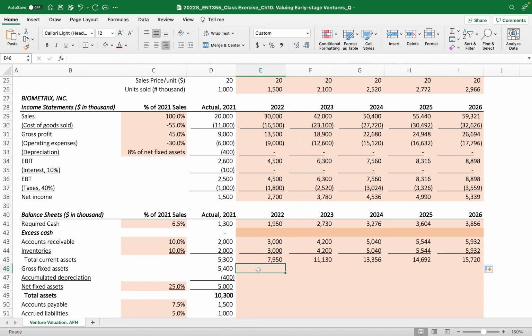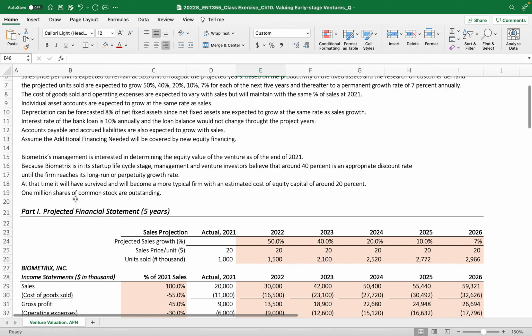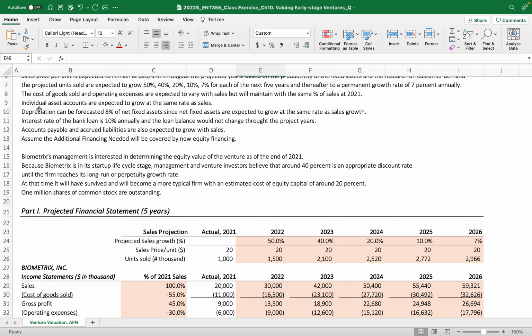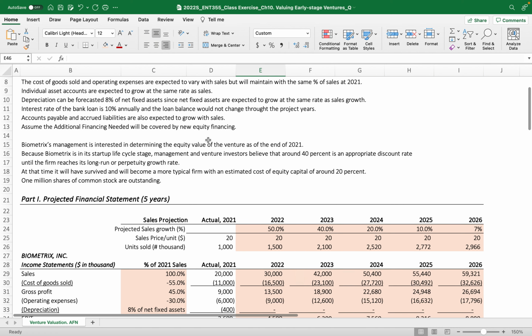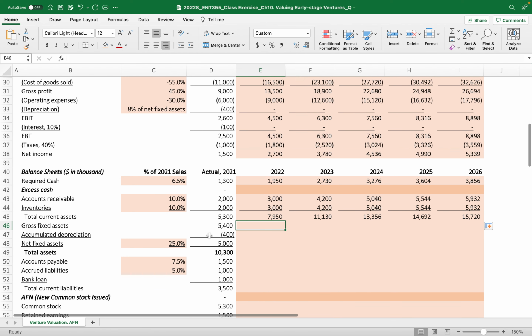We have some tricky point. We do not calculate the gross fixed asset directly because we have an assumption that the depreciation can be forecasted at 8% of net fixed asset. We don't have any other information here. You could calculate the gross fixed asset from the depreciation if the depreciation were based on the gross fixed asset, but this case is not.